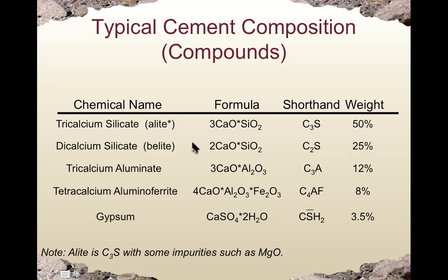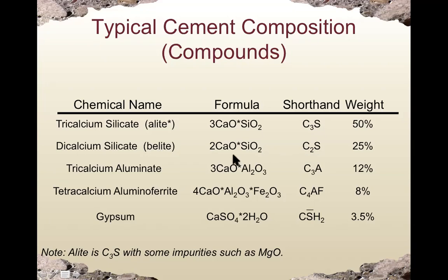The second compound is called C2S. The full name is dicalcium silicate, with 2 parts of calcium oxide and 1 part of silica. There is another name: alite for C3S and belite for C2S.